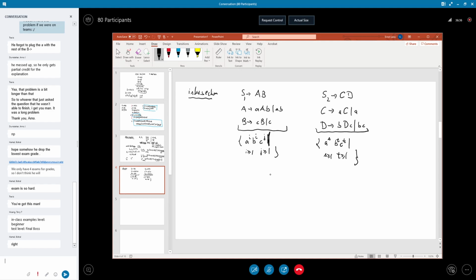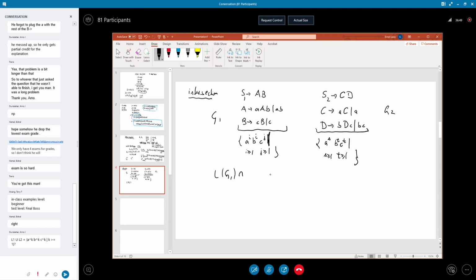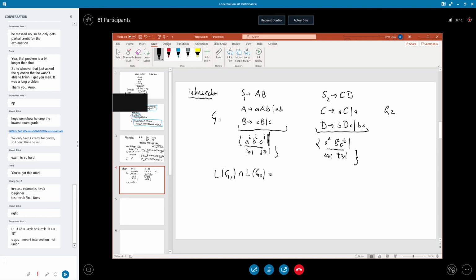And now let's look at what happens if we take the intersection. So this is our grammar G1, this is our grammar G2. So let's take L of G1 intersection L of G2. What is that? Well, any word in that intersection has to be in this language, but it also has to be in that language. So if it is in the first language, then the number of A's has to be equal to the number of B's.